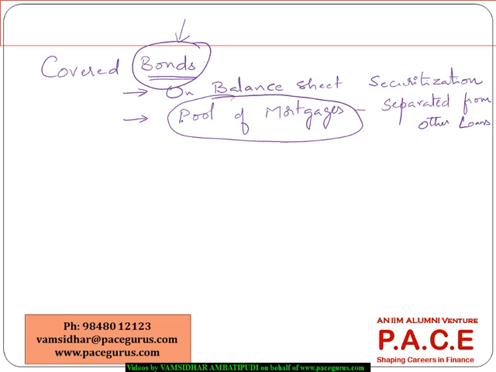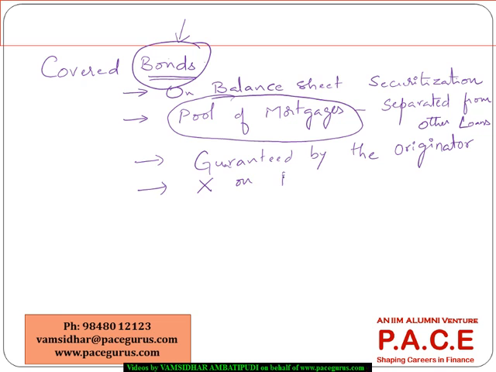And of course, whatever the principal and interest that are paid, they are guaranteed by the originator, which means they are not based on the performance of the underlying mortgages.